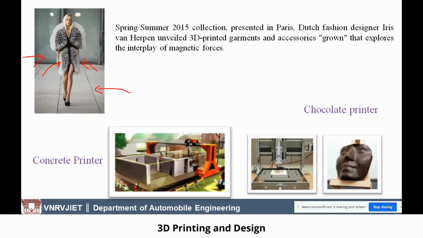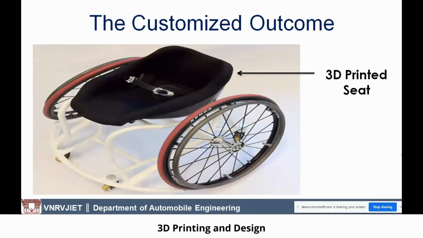And in civil applications, you can see we are directly building a house, and already we have seen chocolate made using 3D printing machines. And you can see here a 3D printed seat for disabled persons.